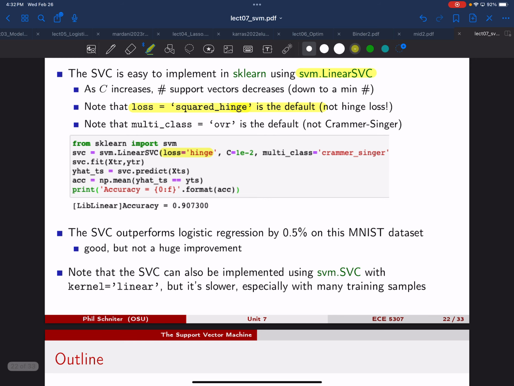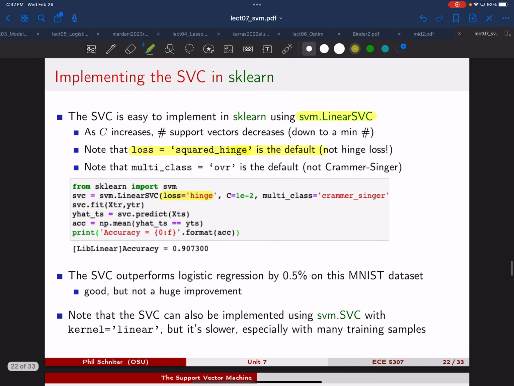Okay, great. Otherwise, since you have learned how to use logistic regression, the interface is exactly the same as that. So once you learn these sklearn tools, they're pretty much all the same.